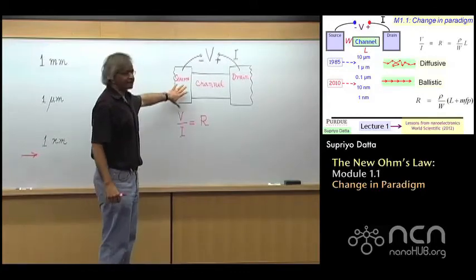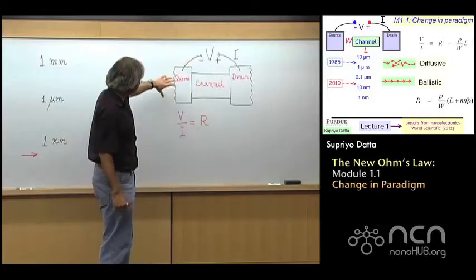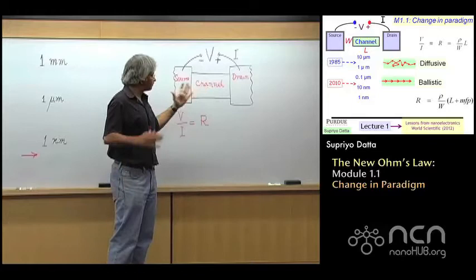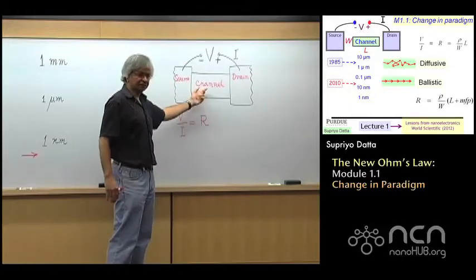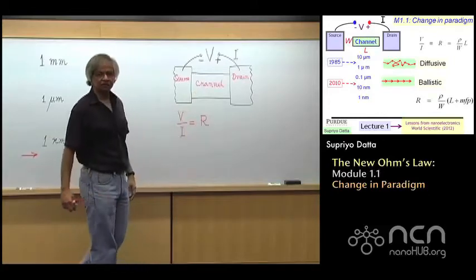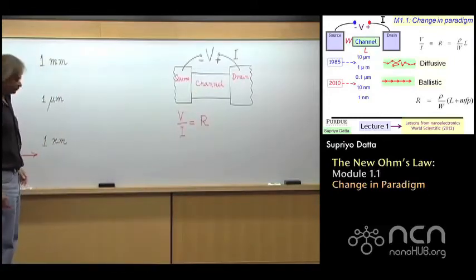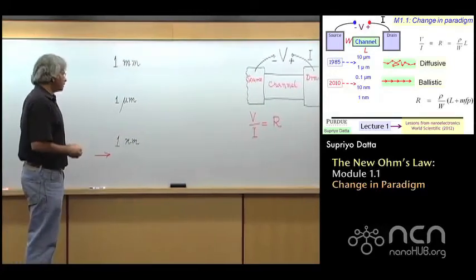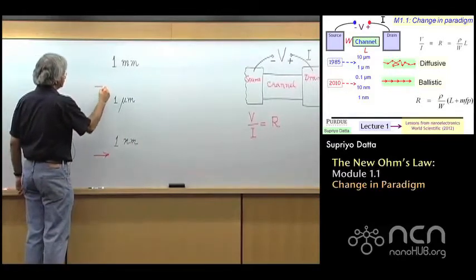Now, what has happened over the last 40, 50 years is that people have continually reduced the size of this transistor. If you look back in, say, 1985, which would be about 25 years ago, the channel length would have been somewhere around here.